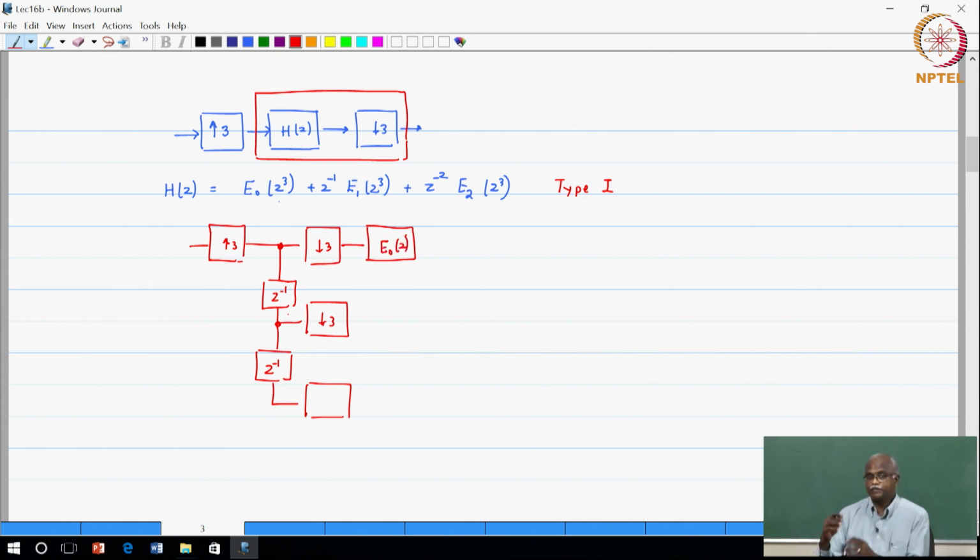It is no longer E0 of z cubed because I applied the noble identity. Please draw the arrows so that we do not have any confusion. The second branch is E1 of z. The third branch is E2 of z, and all of these will get added up.